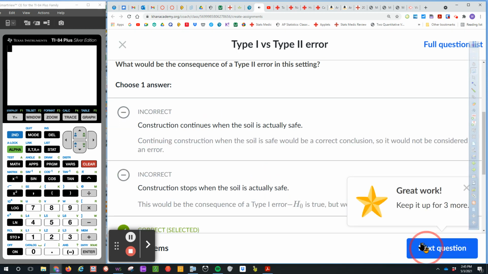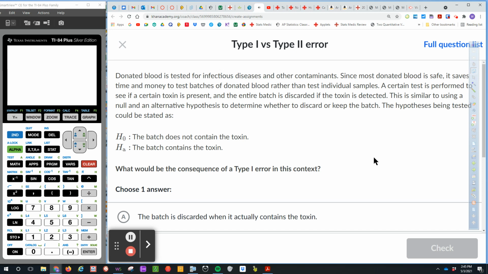Okay, next question. Donated blood is tested for infectious diseases and other contaminants. Since most donated blood is safe, it saves time and money to test batches of donated blood rather than test individual samples. It's very time consuming and costly to test all of it, so they rather just test batches.